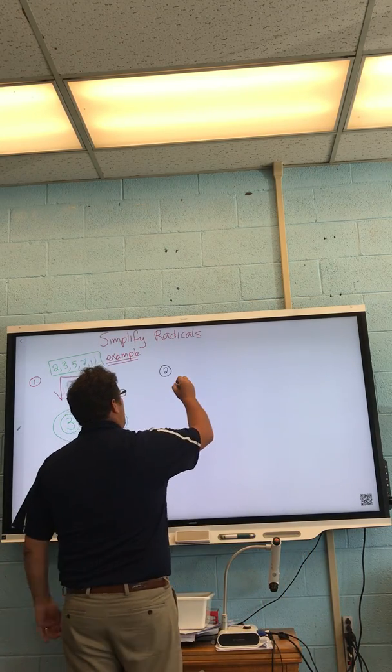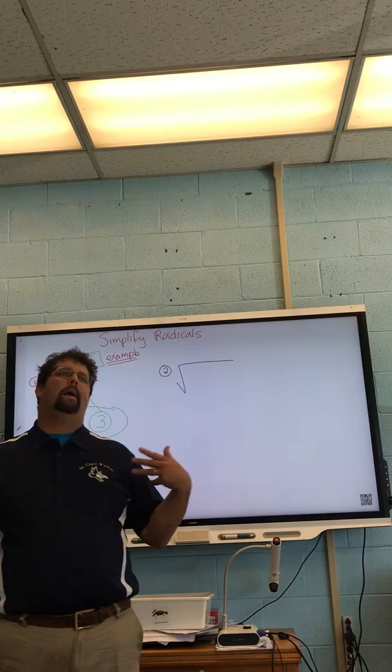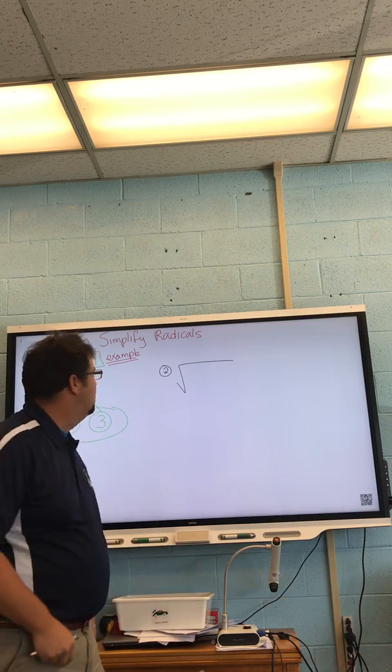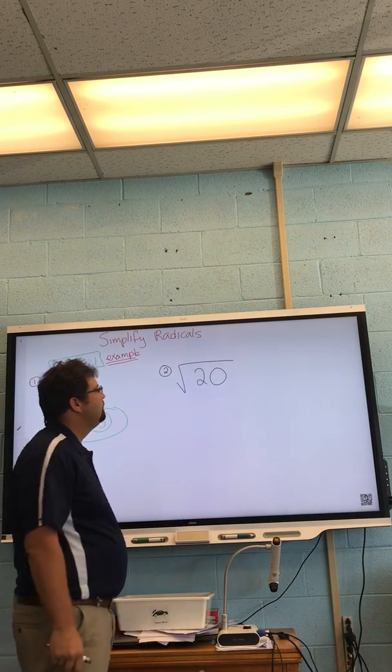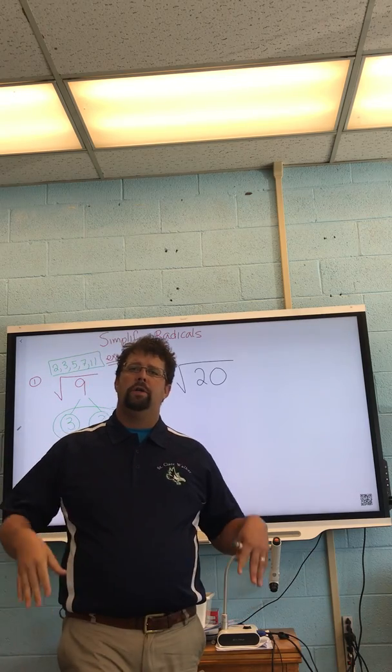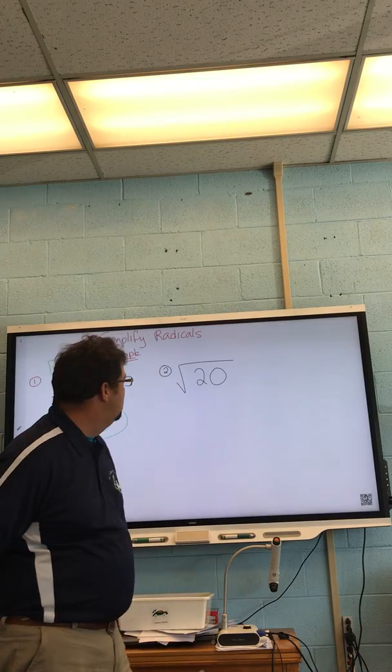All right, now we're going to have the square root. Let's try a new number. Let's try, I don't know, the number 20. The number 20 is a pretty common one. Now, I'm going to prime factor the number 20.